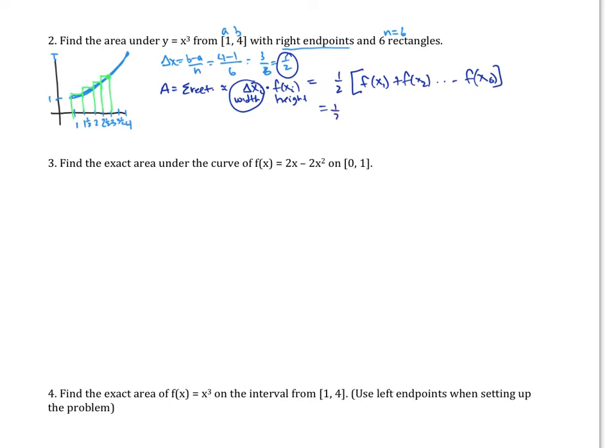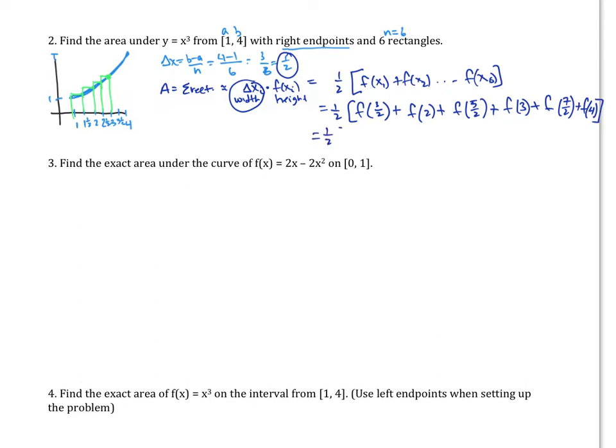And this will be 1/2 times f of 3 over 2, right, 1.5, plus f of 2, plus f of 5 over 2, plus f of 3 plus f of 7 over 2 plus f of 4.